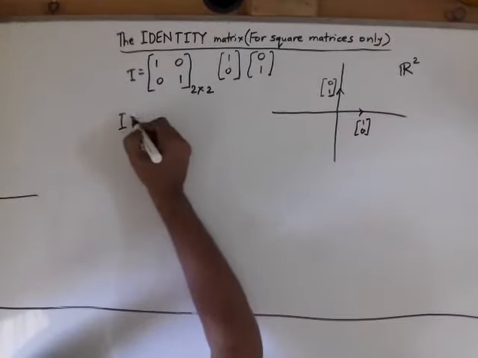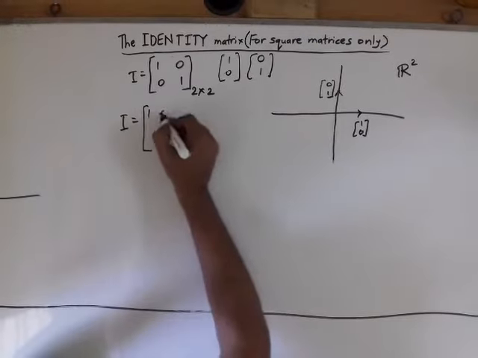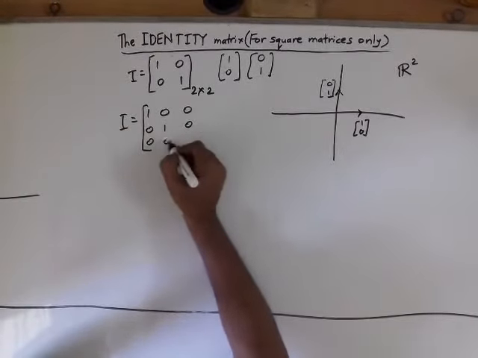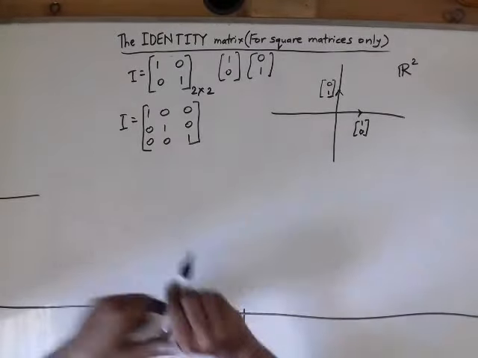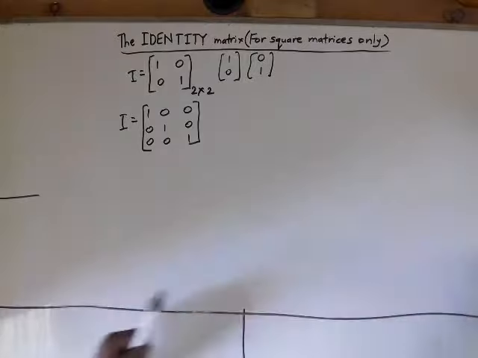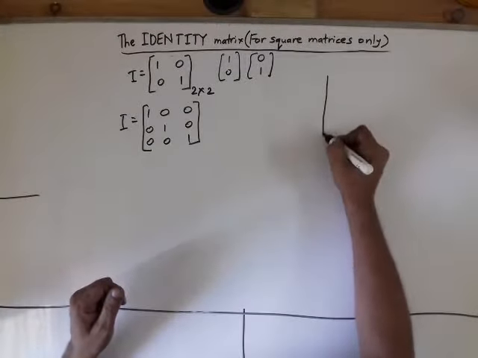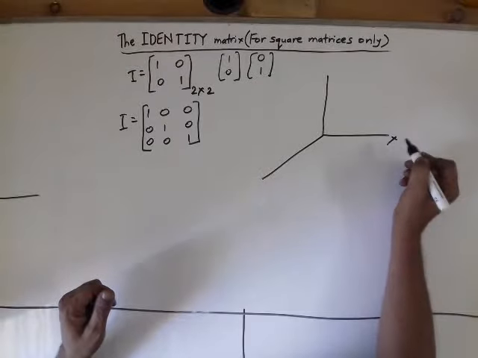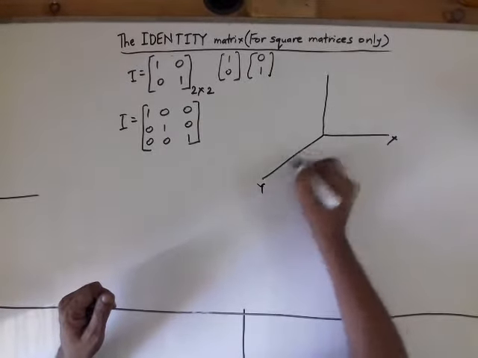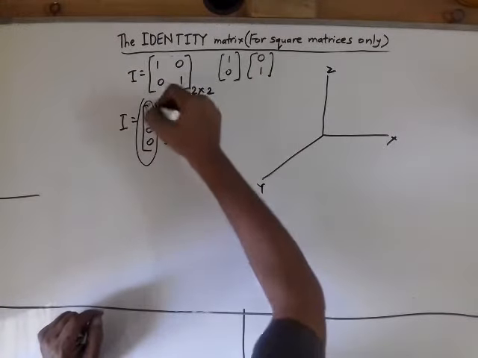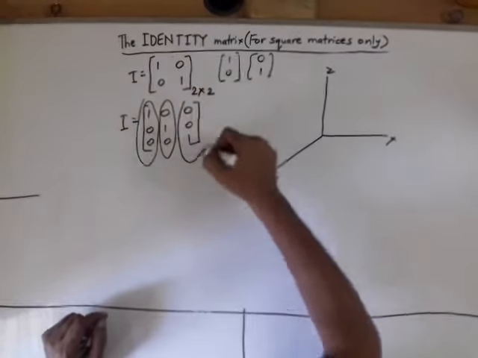If you were to take the 3 by 3 identity matrix, and I were to just represent R3 here, I'm saying this is X positive, Y positive direction and Z positive direction, and you look at these 3 column vectors, right?